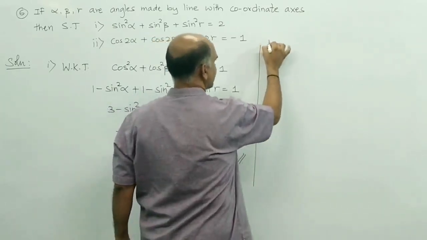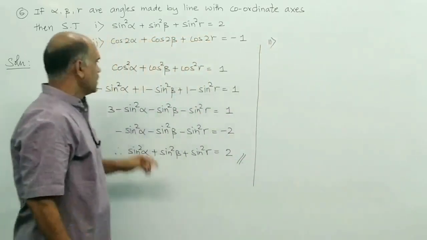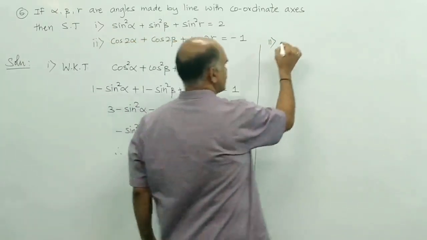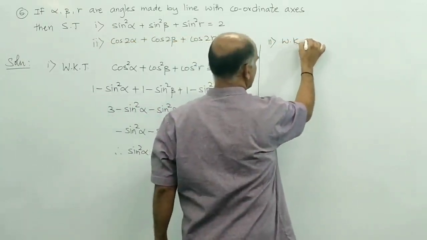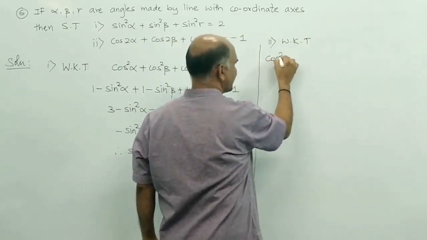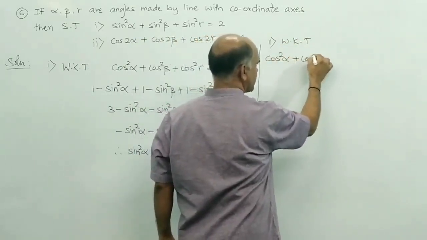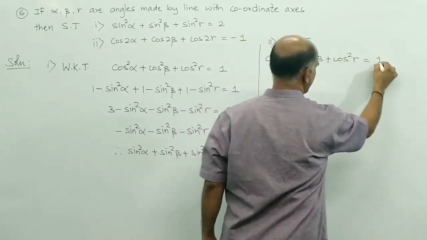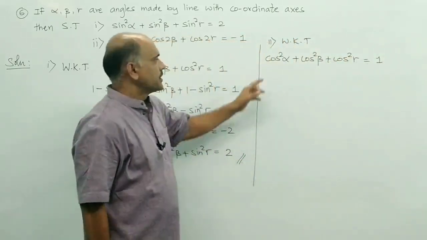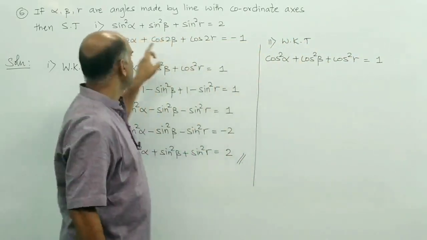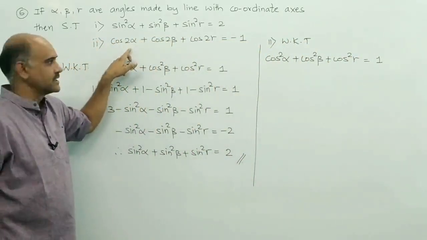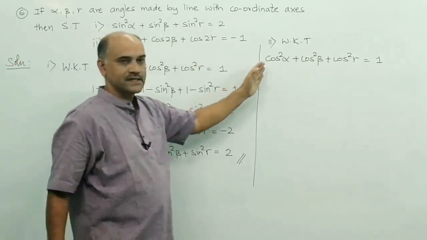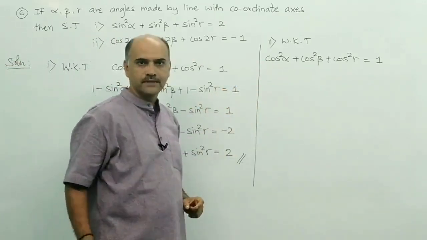Now similarly, for the second, again we will be using the relation between direction cosines. So if I take the second one, again we know that cos square alpha plus cos square beta plus cos square gamma is equal to 1. Now convert these to multiple angles, that is 2 alpha, 2 beta and 2 gamma. We know that cos square theta is (1 plus cos 2 theta) by 2.